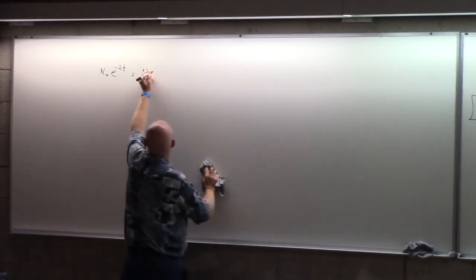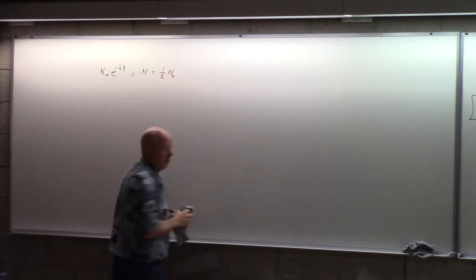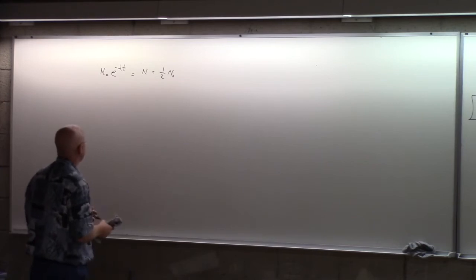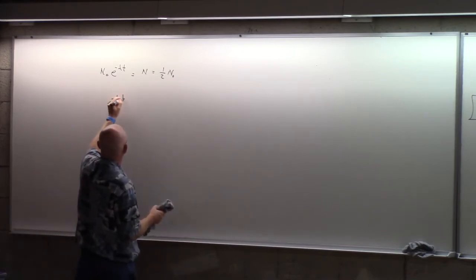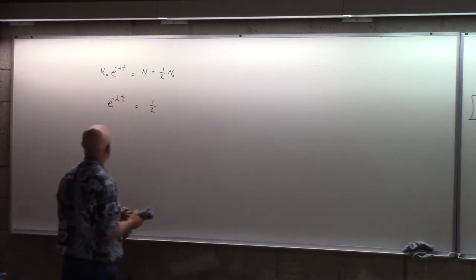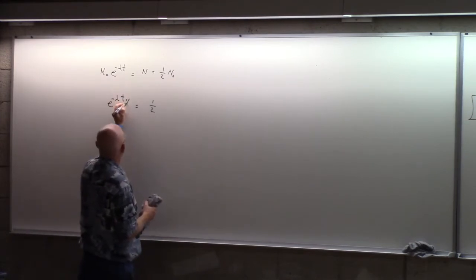What you're really saying is N is equal to 1/2 of N naught. How much before I have half of them? And then fortunately, I get a pretty simple equation since the N naughts cancel off. And so let me put in a new symbol here. I'll call this t 1/2.